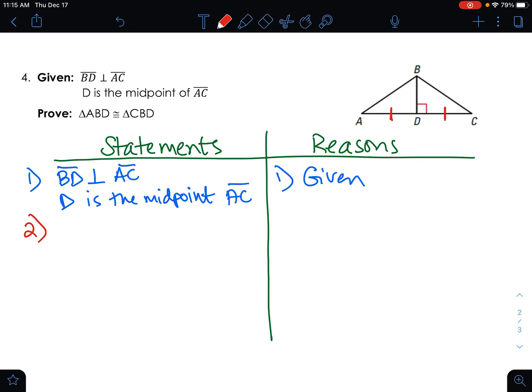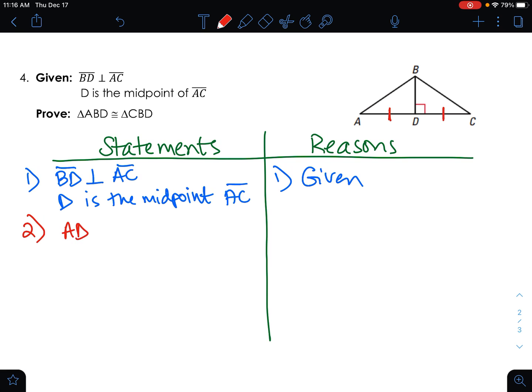Okay, I don't have to do this next, but we can have some differences in order. So somewhere in your proof, you need to say that segment AD is congruent to segment CD by definition of midpoint. Okay.